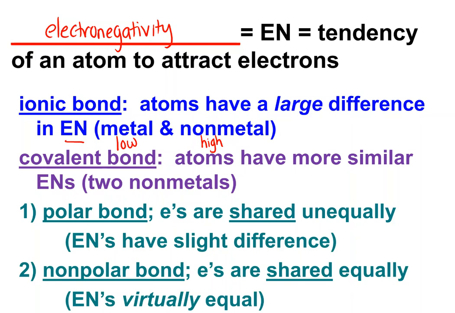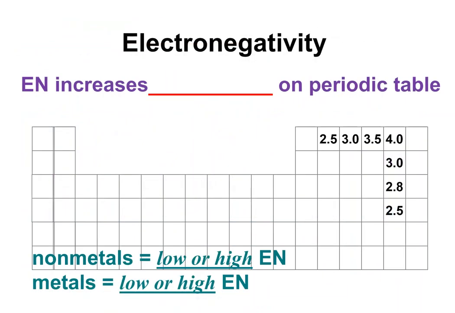We'll talk about that a little bit later, but it just means if the two electrons that are being shared are spending more time with one atom than the other. So anyway, we'll look at some polar bonds here in a little bit.